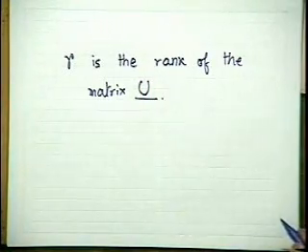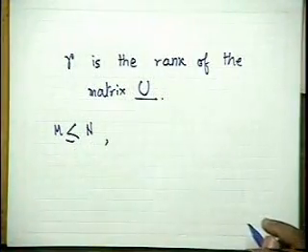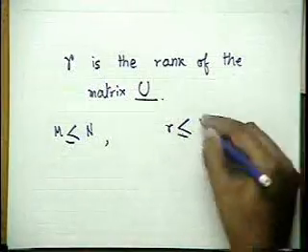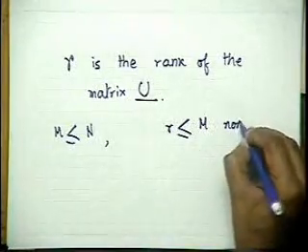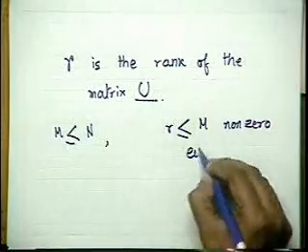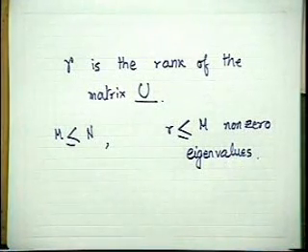So what I am going to do now is that since m is less than or equal to n, there are at most how many eigenvalues? R is the rank of the matrix. So I have R less than or equal to m non-zero eigenvalues existing.